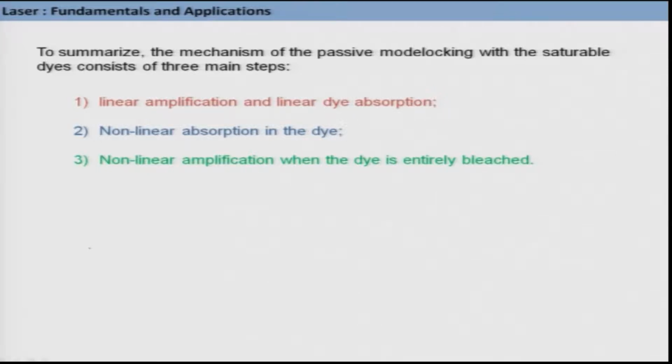The amplification is extremely high, and then I get the pulsed output from the cavity, and then this whole 3 steps again repeat. They are again repeated, and you get more pulses after a certain time, which is more or less governed by the lifetime of this dye.